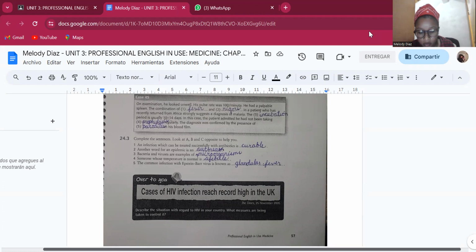Number 4, someone whose temperature is normal is afebrile. Number 5, the common infection with Epstein-Barr virus is known as glandular fever.